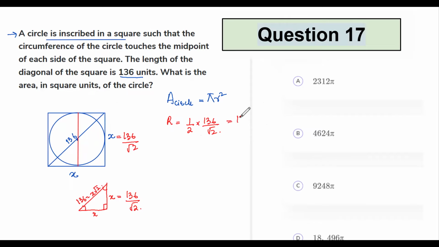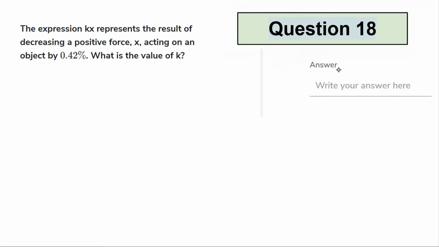That means radius is 136 over 2 root 2. Area would be equal to pi times the radius squared, which is 136 squared over 2 square root 2 squared. Simplify this, students. You'll get it as 2, 3, 1, 2, 5. Let's choose option A. I hope you understand, students. Question 17. Let's move on to question 18.